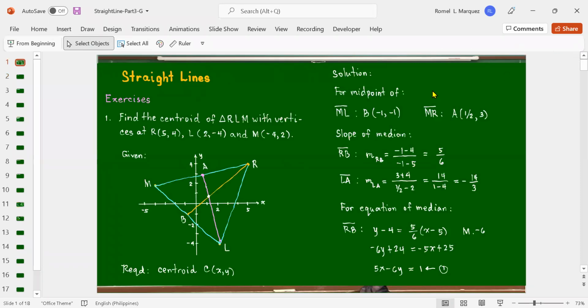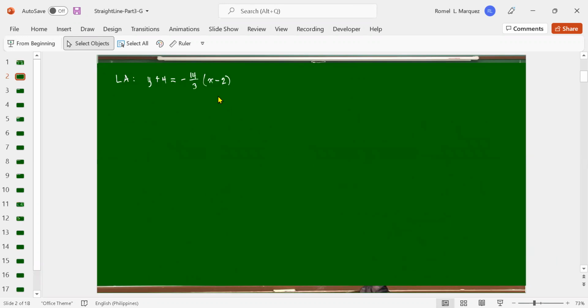You can choose also A as your point, if you want. So multiply by 3, we get 3y plus 12 is equal to -14x plus 28. Am I correct, guys?